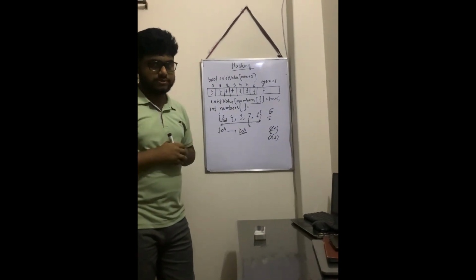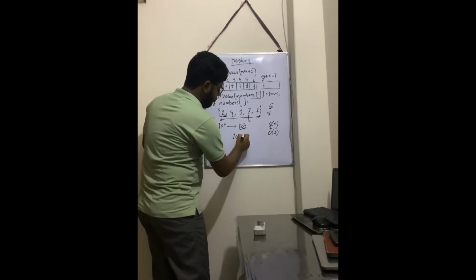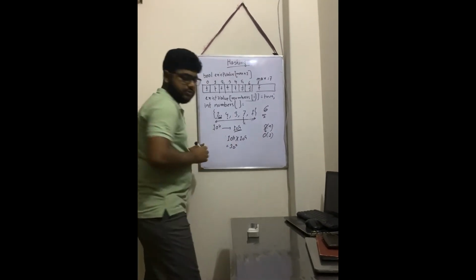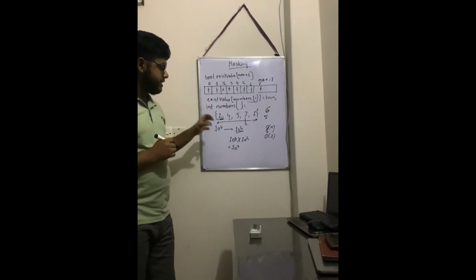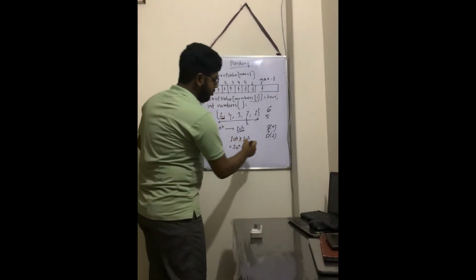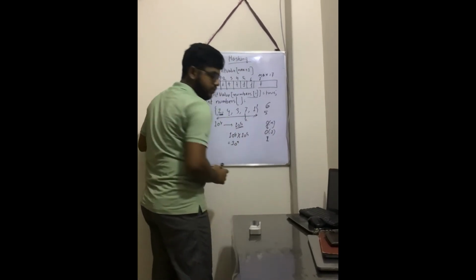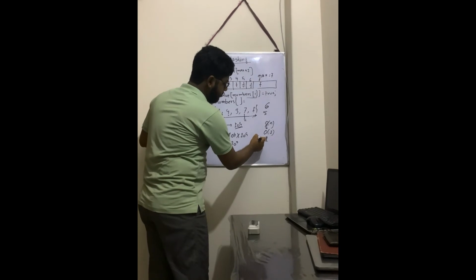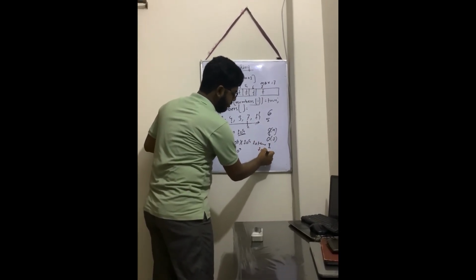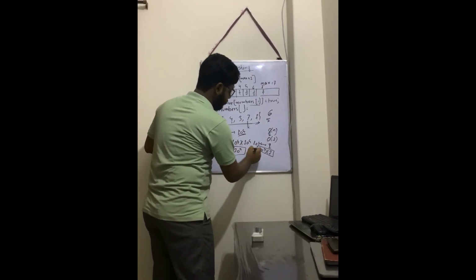So the complexity will be 10 to the power 4 into 10 to the power 5, which means 10 to the power 9, right? But if we check using hashing, the complexity for one search is 1, and there are 10 to the power 4 data to search, so the complexity will be 10 to the power 4 into 1, just 10 to the power 4.